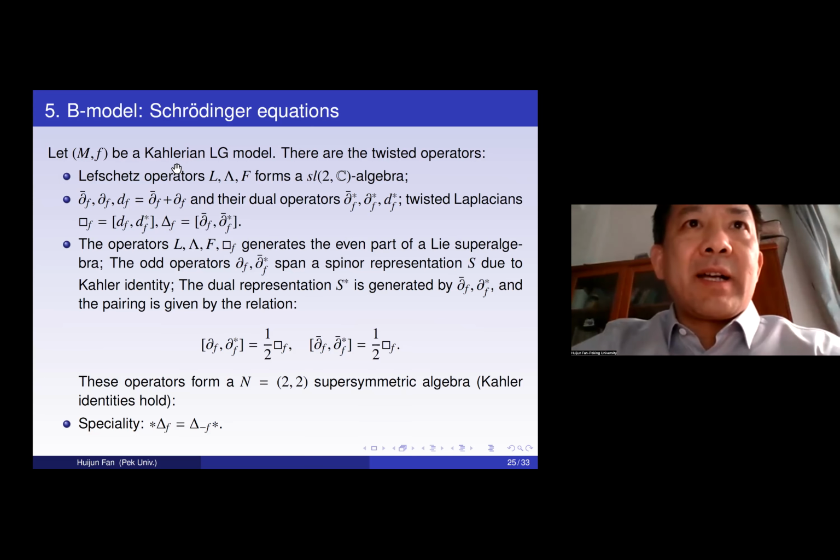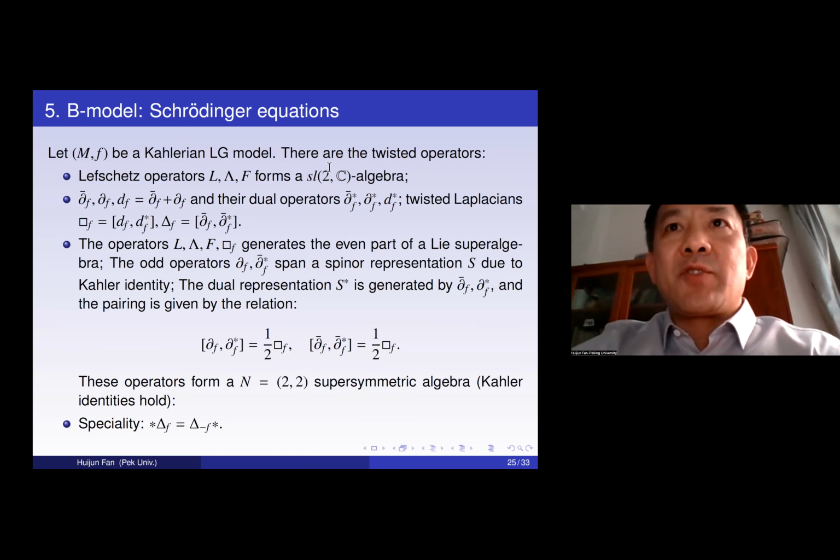Let (M, F) be a Kähler LG model. There are twisted operators. As usual, because this is Kähler, M admits a Kähler form. So the Kähler form gives the definition of the Lefschetz operators L, Λ, and the operator F. So the three operators form an sl2(C) algebra.